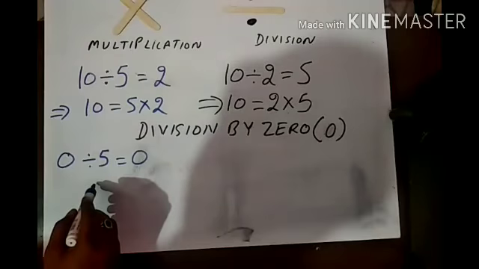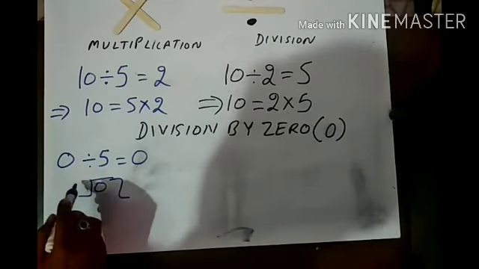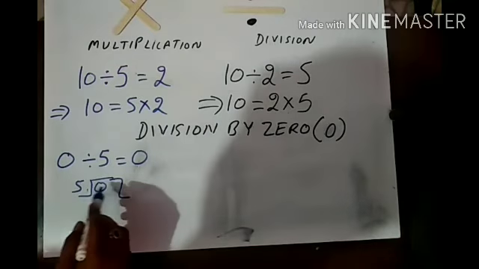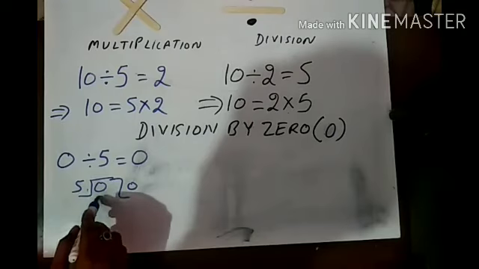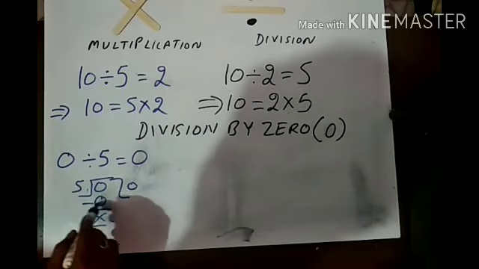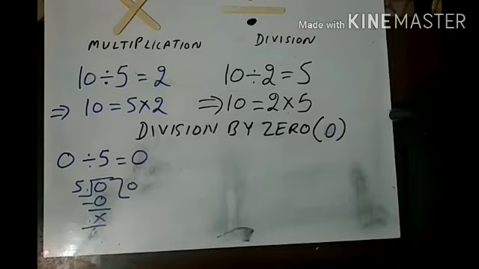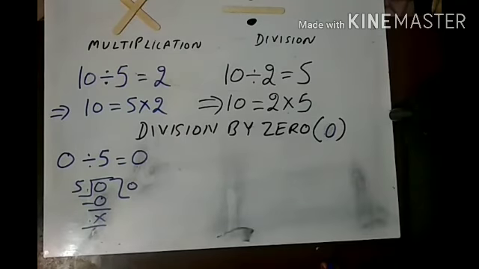Mathematically, we can write like this: 0 is divided by 5. So how will you make it 0? You need to multiply 5 with 0. That 0 fives are 0. Clear? In this way, we come to know that if 0 is divided by any whole number, then the answer is 0.